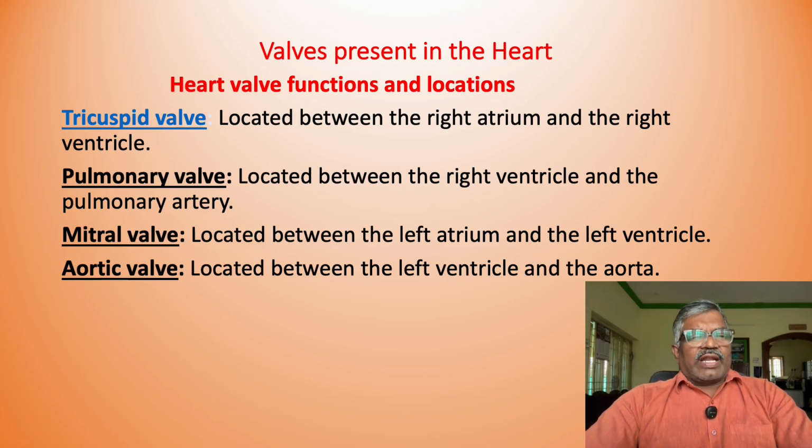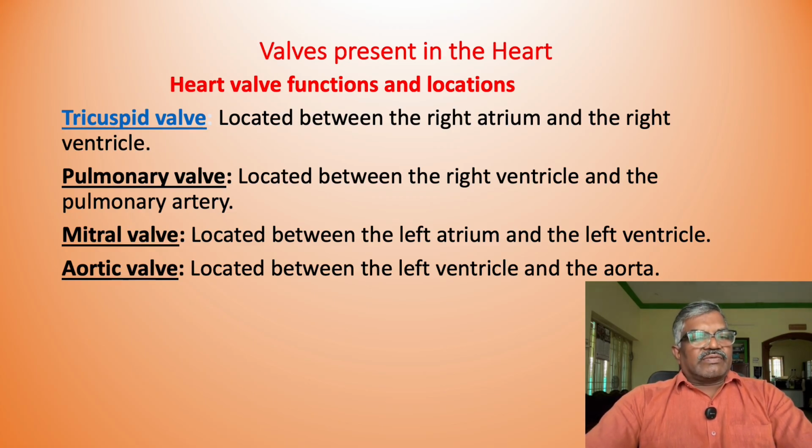One is the tricuspid valve. It is located between the right atrium and the right ventricle. You have to remember the name. The second one is the pulmonary valve, located between the right ventricle and the pulmonary artery. The third one is the mitral valve, located between the left atrium and the left ventricle.